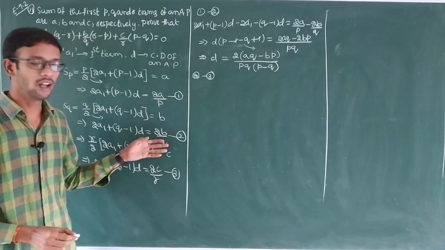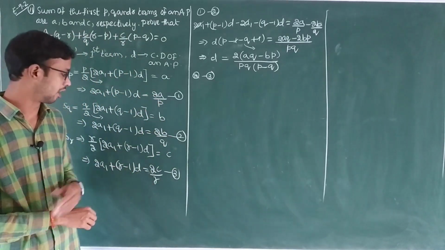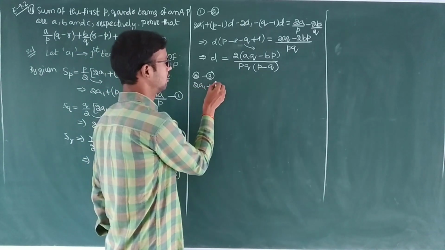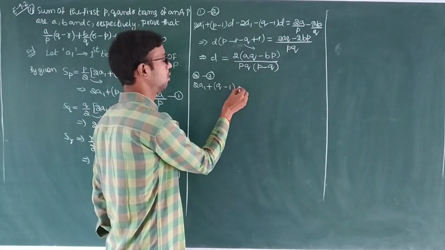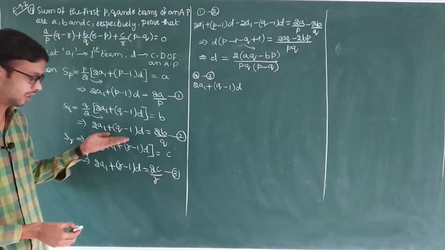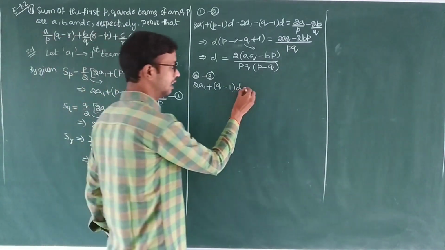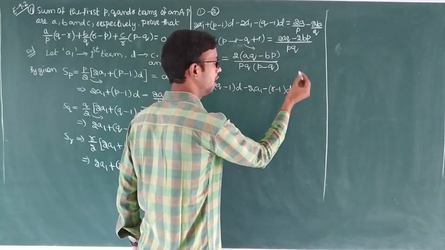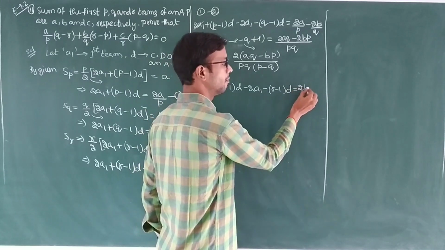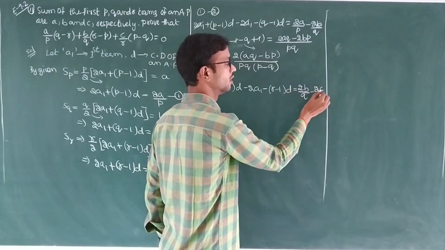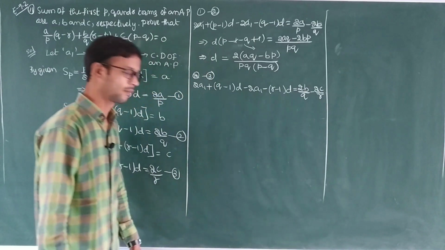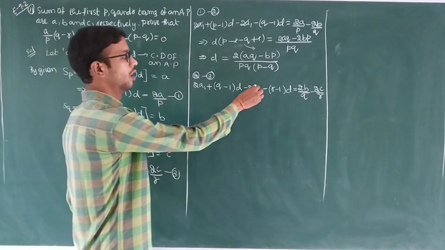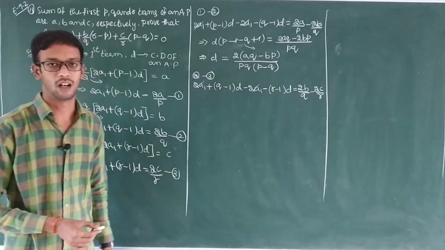1 minus 2 we did. Next, we are making 2 minus 3. 2 is 2a1 plus Q minus 1 into d, left side, minus 2a1 minus R minus 1 into d is equal to 2B by Q minus 2C by R. Just left side subtraction and right side subtraction. 2a1 gets cancelled.